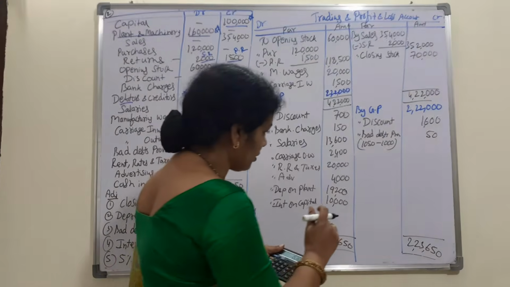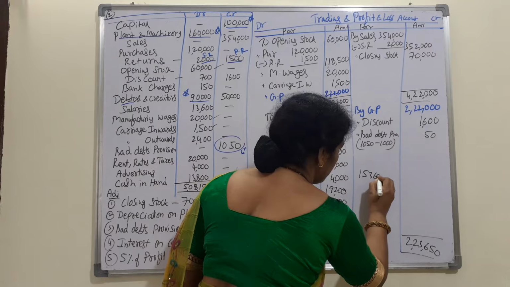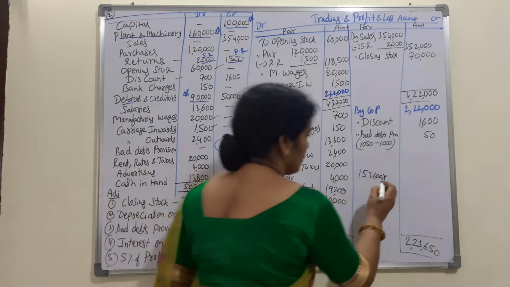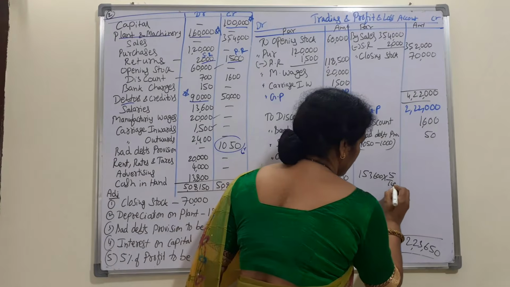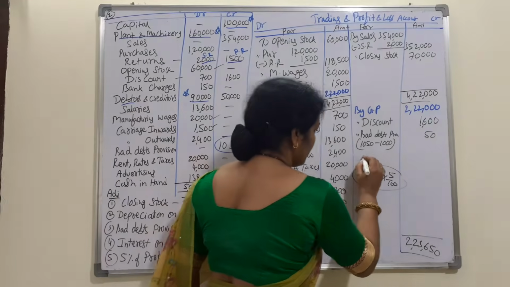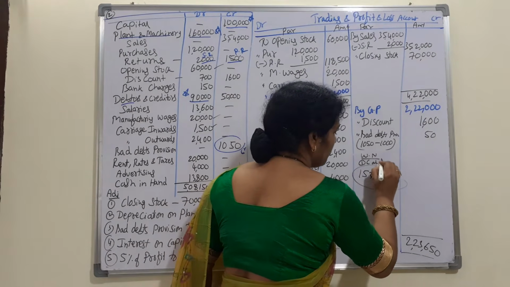Okay, 1,53,600, roughly I am writing here. On this we have to give 5%. You can show it in the working notes also, like this, working notes, calculation of reserve fund.